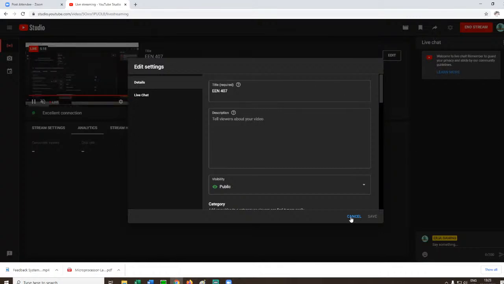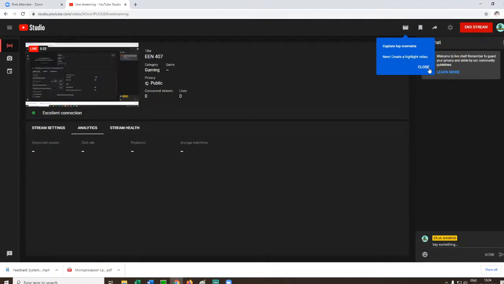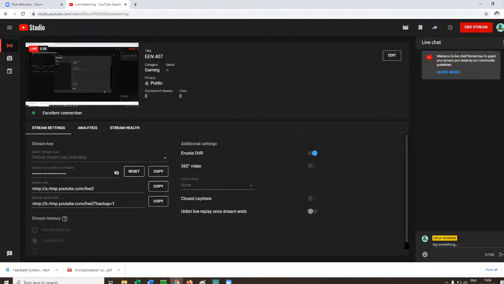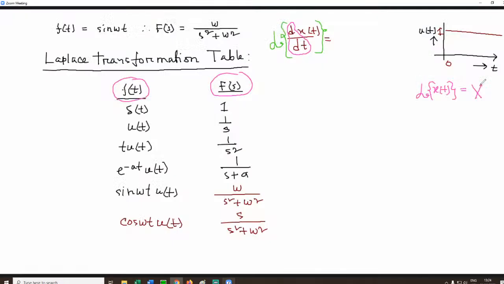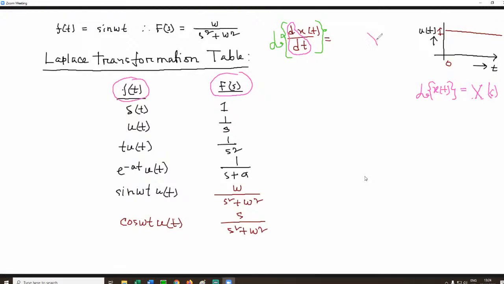And if you take the Laplace transform of xt, what do you get? Yeah, it should be capital XS. It's very simple actually. You get XS here.